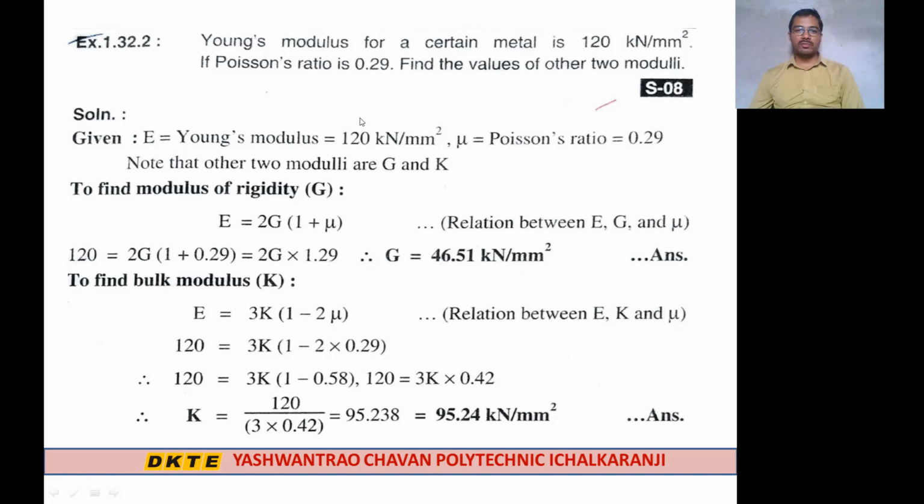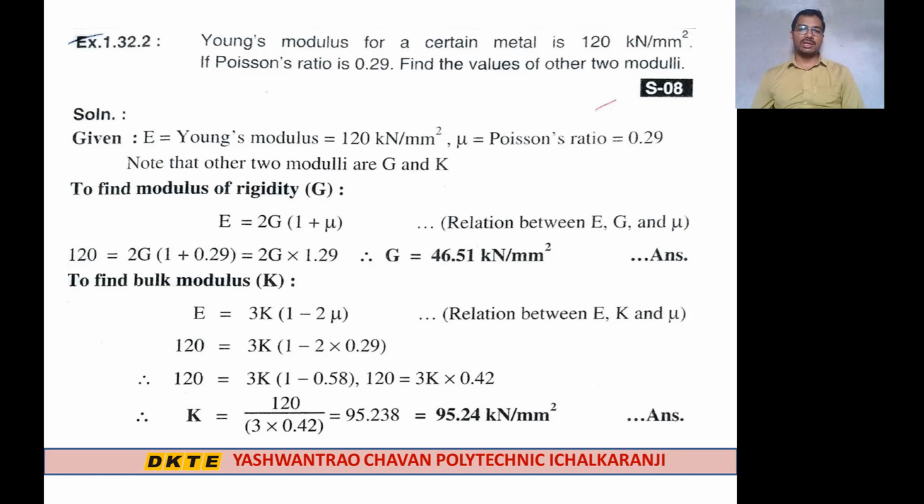If we put value of E same as it is, then we will get G and K in terms of kilonewton per millimeter square. Relation between E and G is E is equal to 2G bracket 1 plus mu. Put value of E, let 2G as it is and 1 plus mu means 0.29. After solving this equation we will get value of G is equal to 46.51 kilonewton per millimeter square.